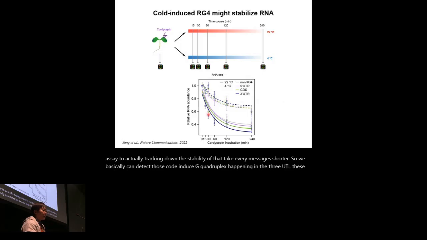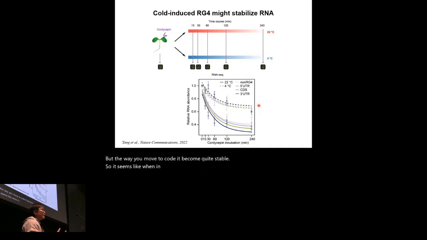At 22 degrees, it has relatively faster degradation, but when you move to cold, it becomes quite stable. So it seems that in the cold, when you trigger G4 formation in the 3' UTR, you get this RNA more stable.